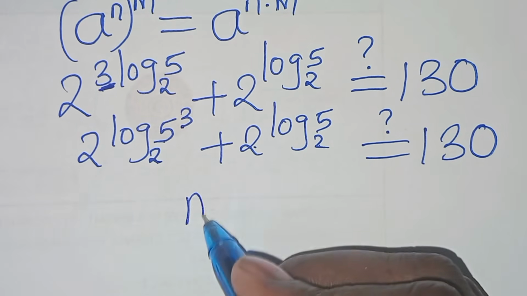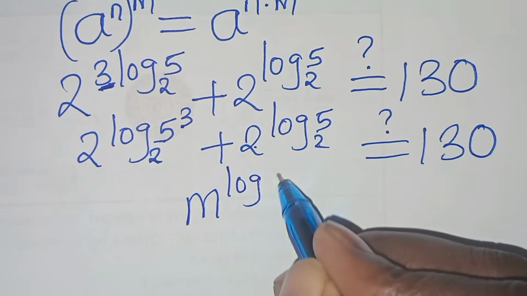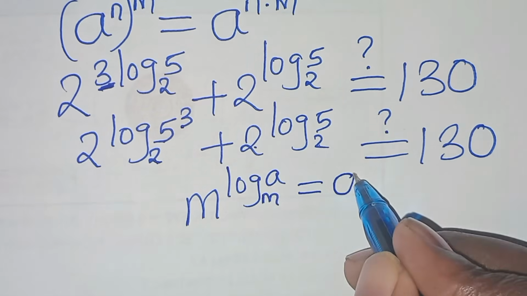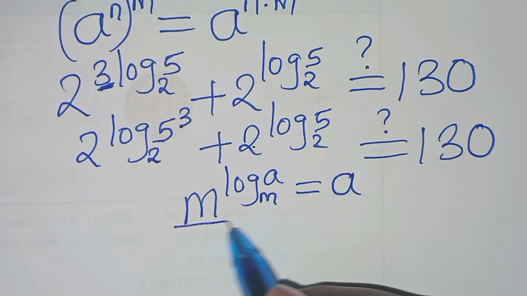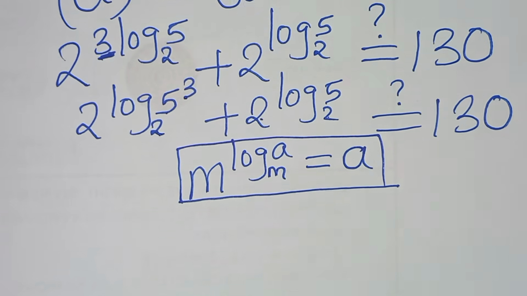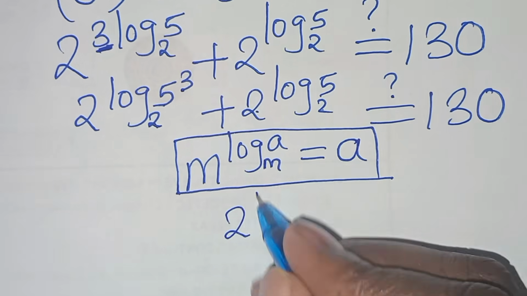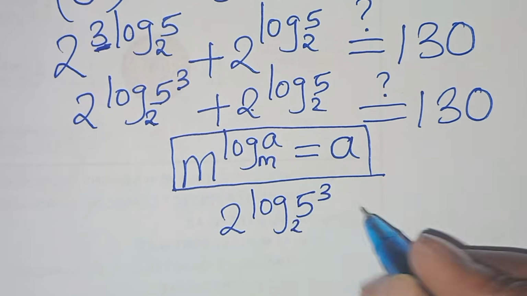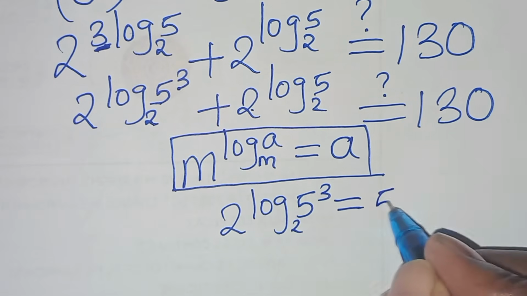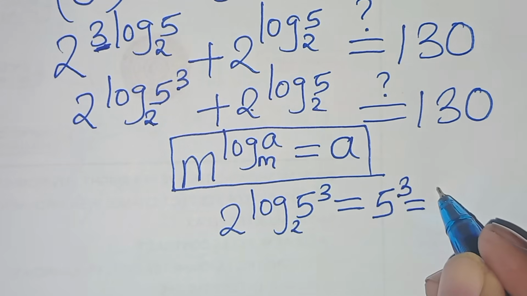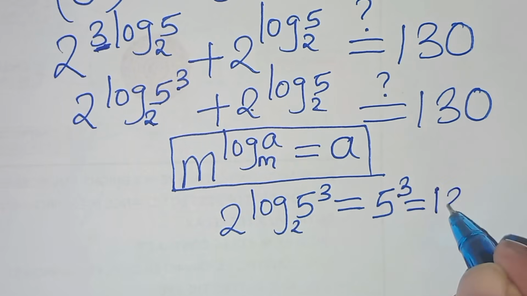This is in the form of m to the power log a to base m, which essentially we can express as a. So let's apply this logarithm property: 2 to the power log 5 to the power 3 to base 2 is the same thing as 5 to the power 3, which is 125.